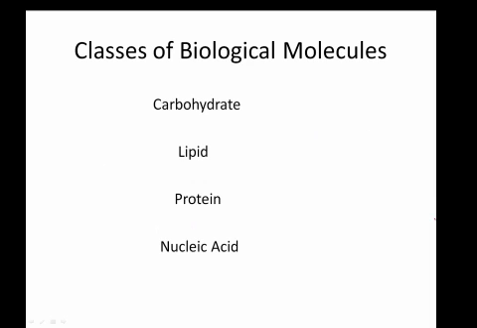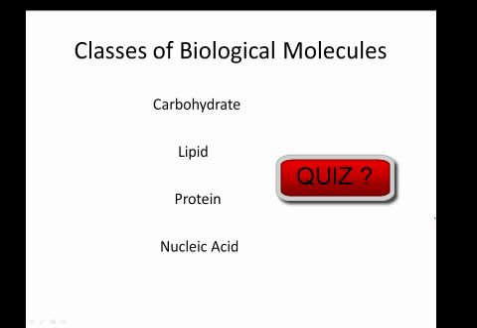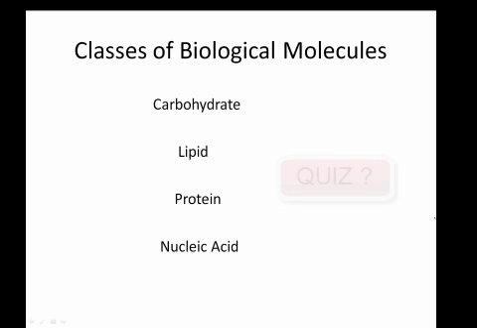Our classes of biological molecules, these are organic biological molecules, are carbohydrates, lipids, proteins, and nucleic acids. So we're going to look at each of these, spend a few minutes looking at each of these classes of molecules.